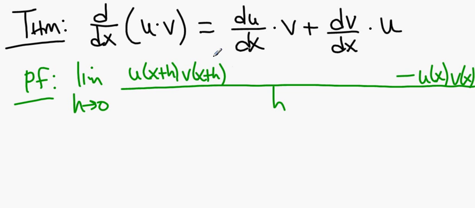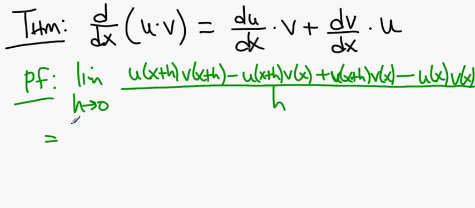Well, for reasons that will only make sense because I know what's coming, I am going to add 0. And so much of math is adding 0 in a creative way. In this case, I'm going to subtract the quantity u of x plus h v of x, and then add it back in. U of x plus h v of x. So I haven't changed the value, but I have changed the appearance.